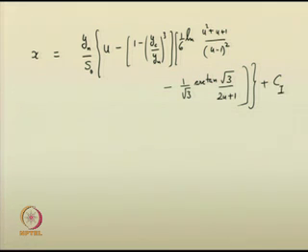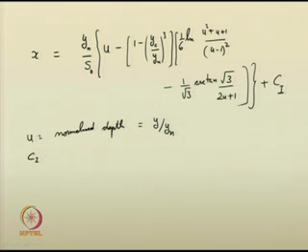Like this, one can give a solution for the dynamic equation where x is the horizontal distance, u is the normalized depth, that is given as y by y n, and C I is equal to the constant of integration.